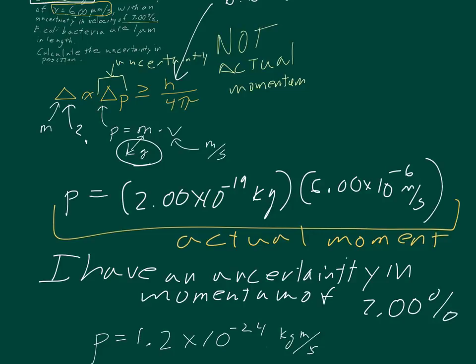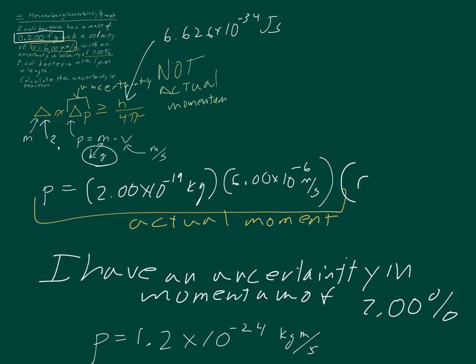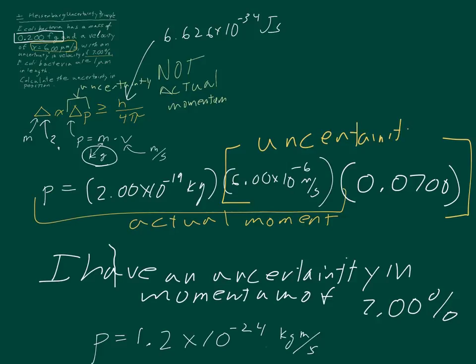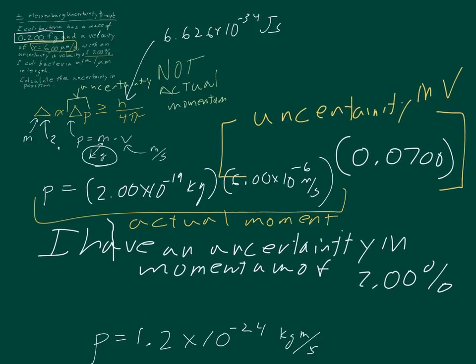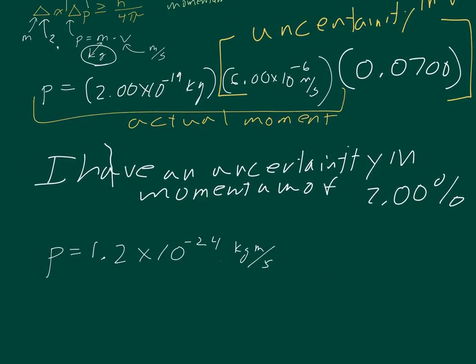If I wanted to, I could have accounted for that uncertainty in velocity right here in this step. How do you take 7% of something? 0.07, right? I could have accounted for it there. And that would be my uncertainty in velocity. But I'm going to account for that uncertainty in velocity here really in the last step, where I calculate for that uncertainty in momentum.